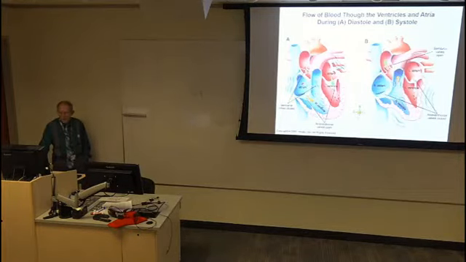The atria are out of phase with the ventricles in terms of cardiac contraction. We'll see that a little bit more in a minute, but typically we're talking about ventricular systole and ventricular diastole. There is an atrial diastole and atrial systole, which is 180 degrees out of phase with the ventricles.